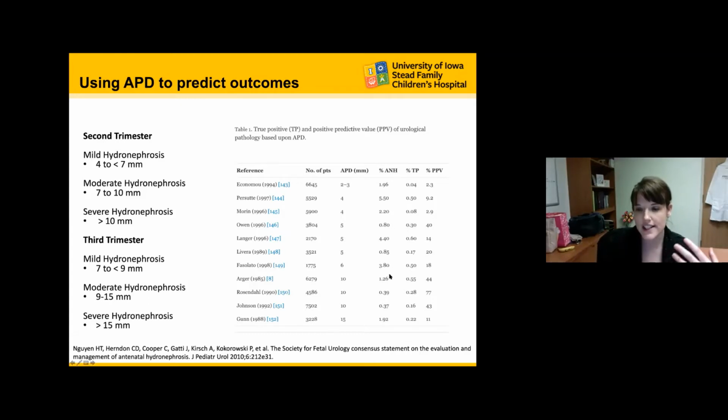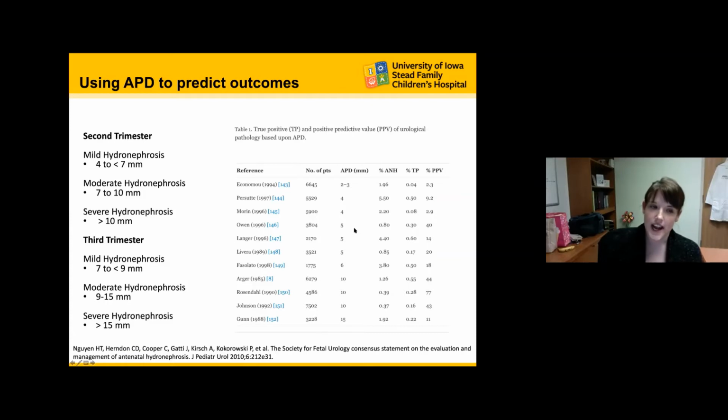And as you can see, as the anterior posterior diameter cutoff increases, the positive predictive value for pathology goes up. But that's not necessarily a super helpful thing, because as that APD decreases, you're increasing your risk for false positives.